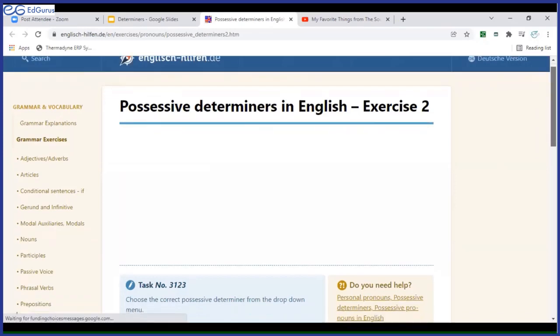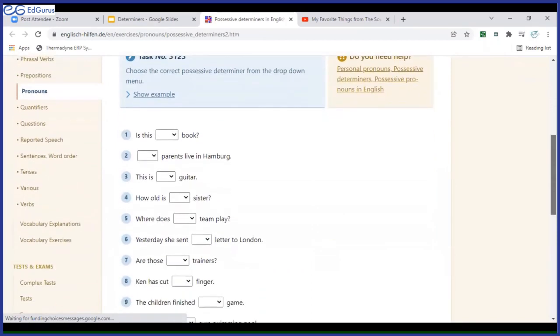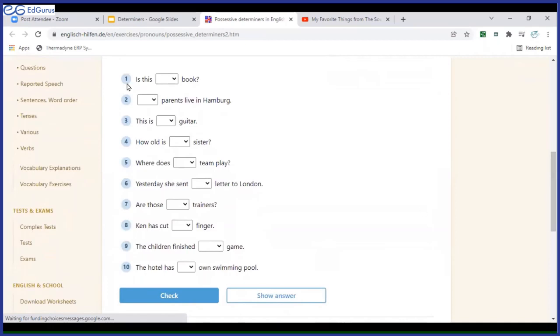Now let's go to the same page, the same site for practice. Look at this now. Now you are used to such kinds of exercises. Find out. Is this your book? All right. Our. Right. This is my guitar.